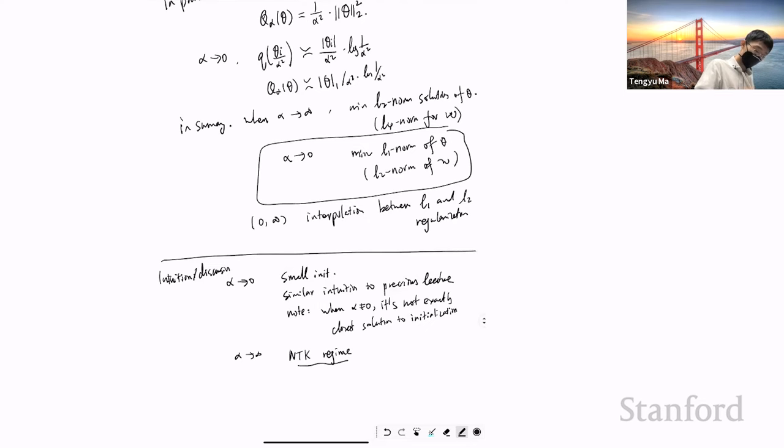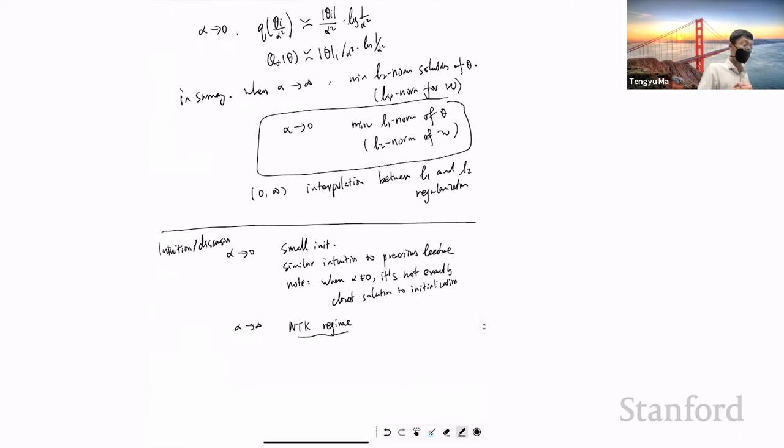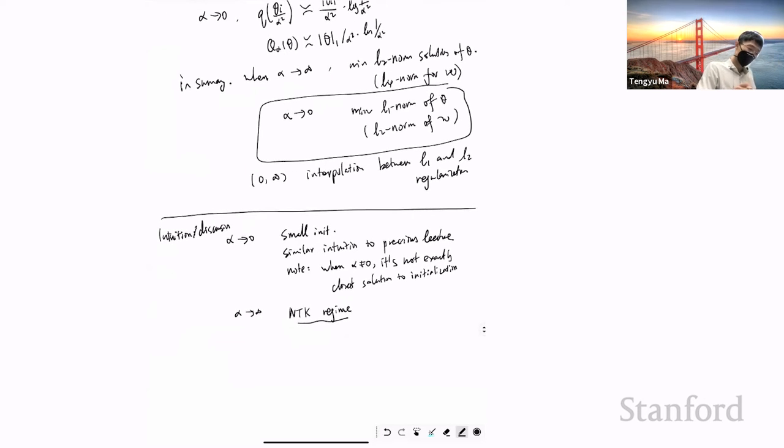And why this is the NTK regime, this is similar to what we have discussed before, but let me just do it again. Recall that in the NTK regime, we have these two parameters, sigma and beta. Beta is the smoothness, or the Lipschitzness of the gradient, and sigma is the condition number.